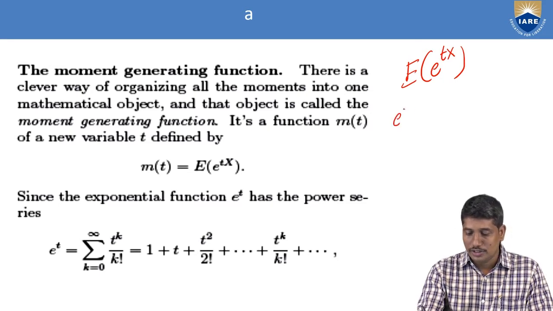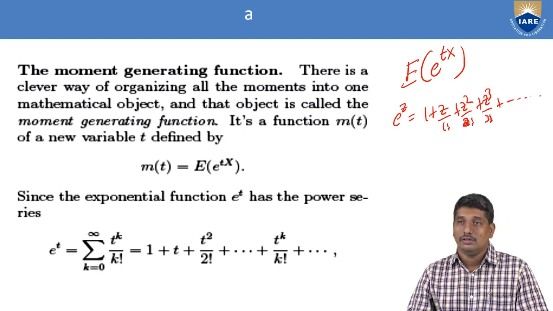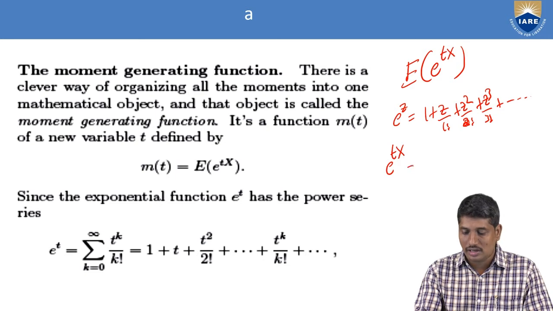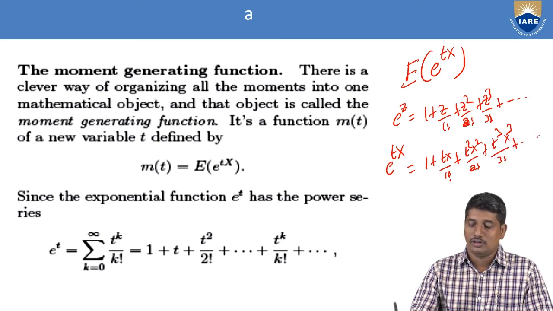We know the exponential function: e^z is 1 plus z by 1 factorial plus z squared by 2 factorial plus z cubed by 3 factorial and so on. With the help of this, we can write e^(tX) as 1 plus tX by 1 factorial plus t squared X squared by 2 factorial plus t cubed X cubed by 3 factorial and so on.